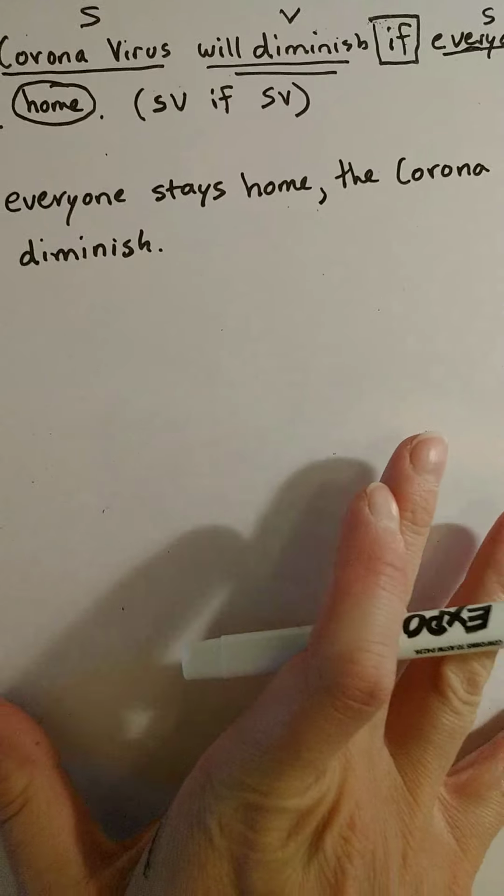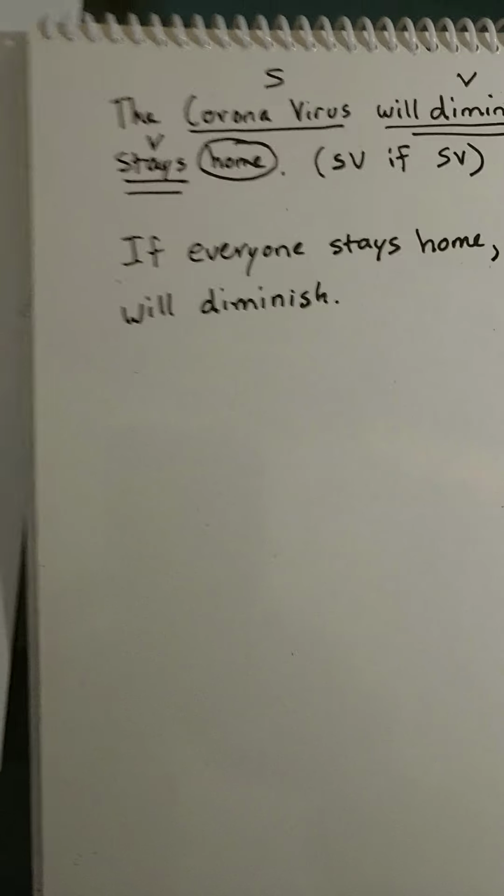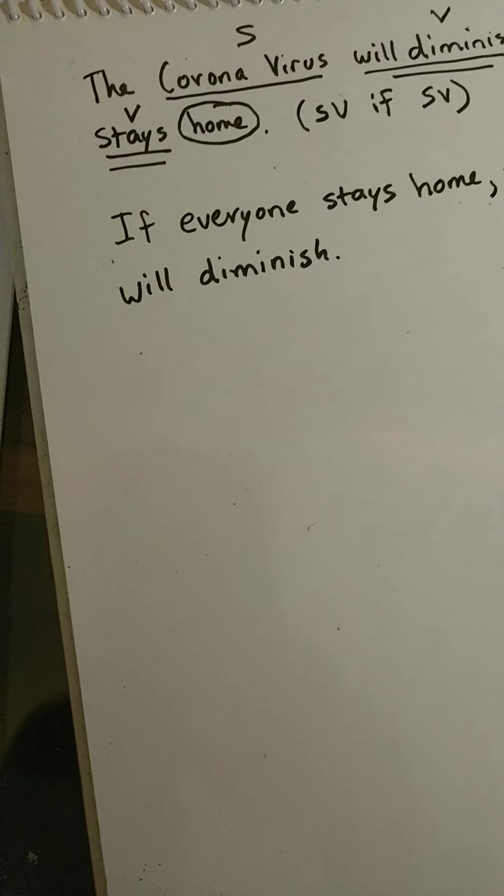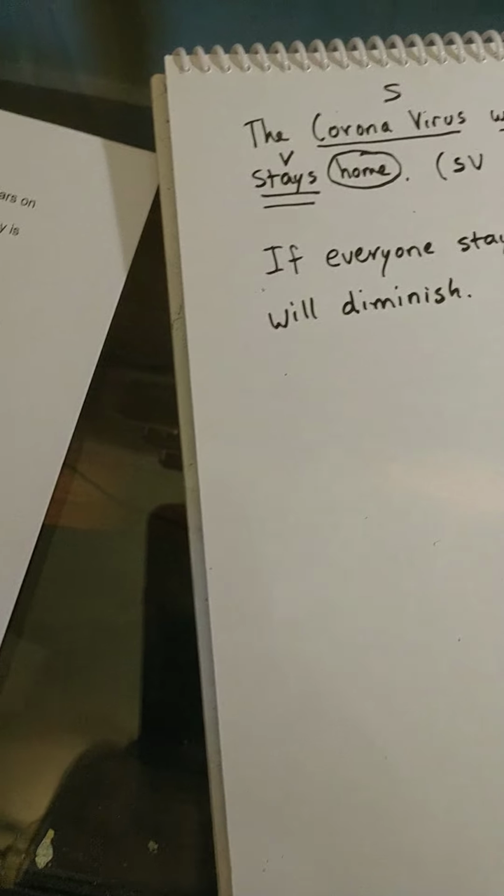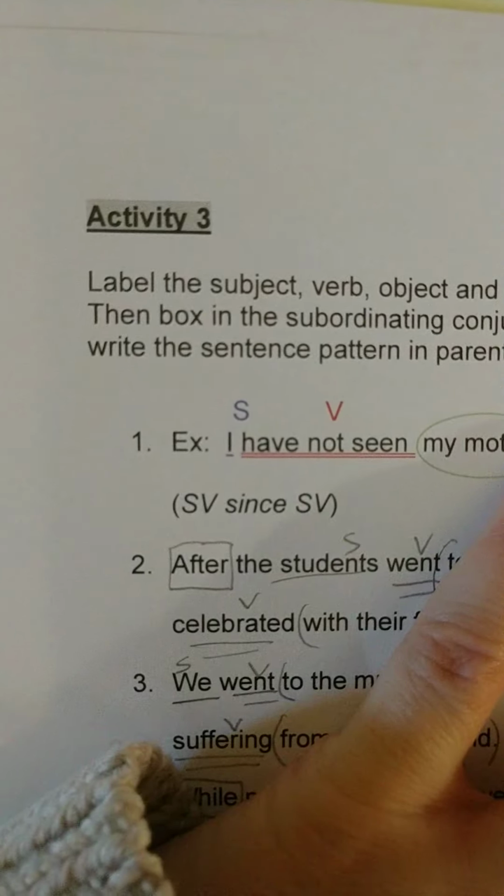Okay? All right. So, to practice this, I'm going to have you do activity 3 on page 156. So pause the video and do the activity. Then start the video again.